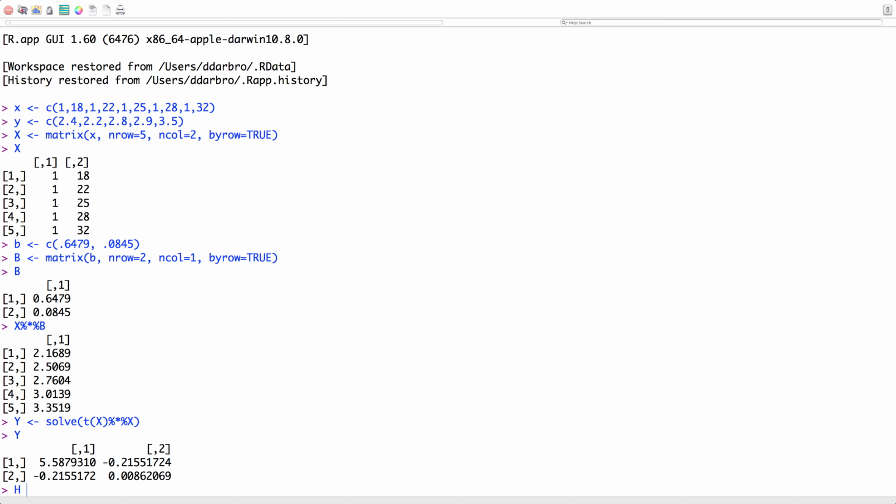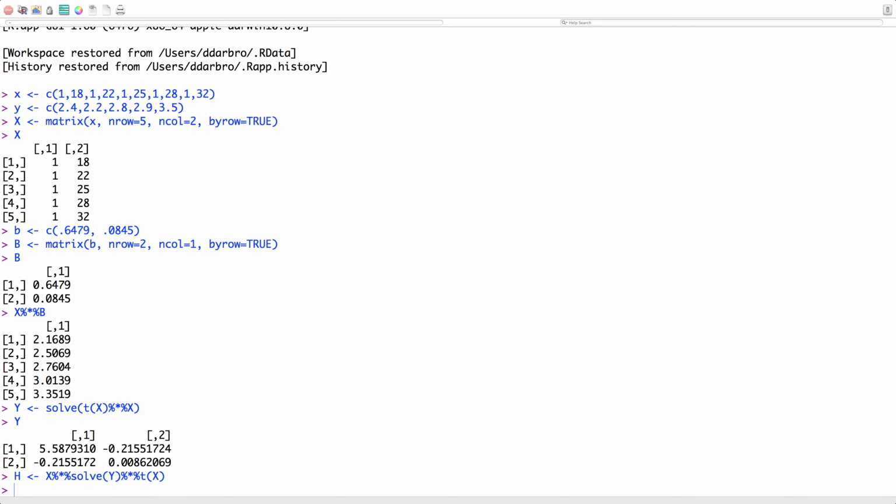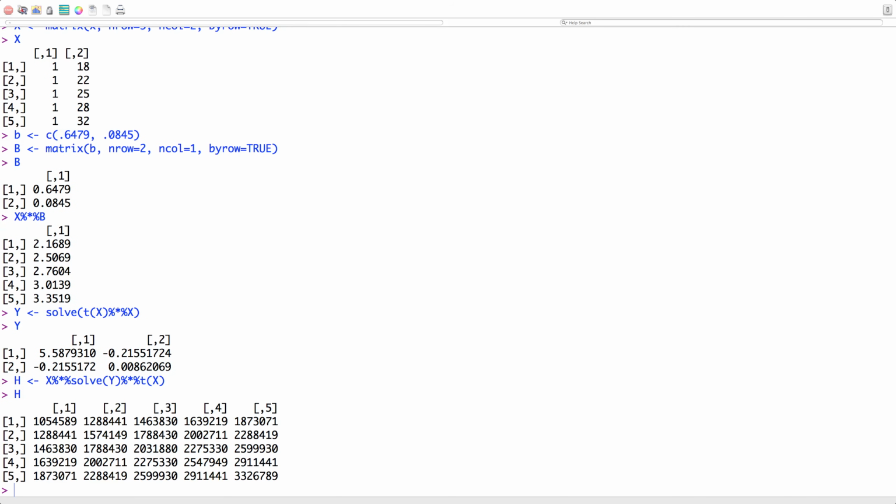So guys, our hat matrix here will be X times, so I need to go solve Y, because I need the inverse of that, times transpose of X. So guys, our hat matrix, here are these values.